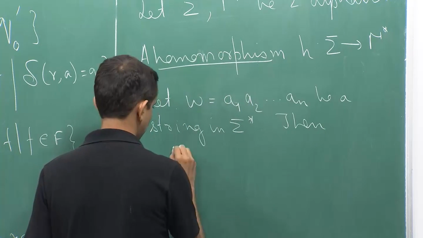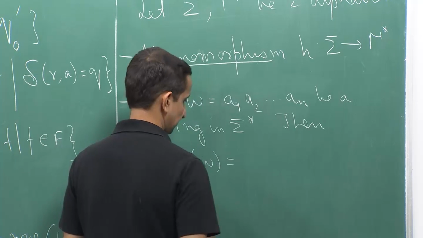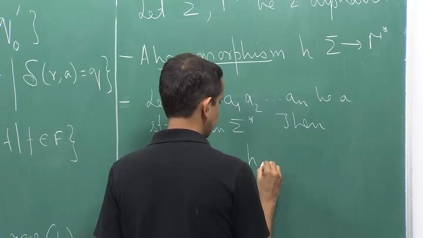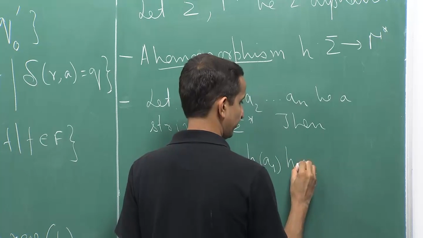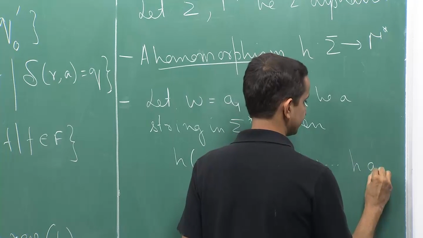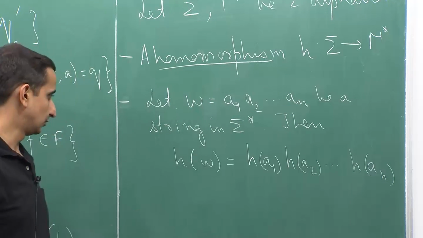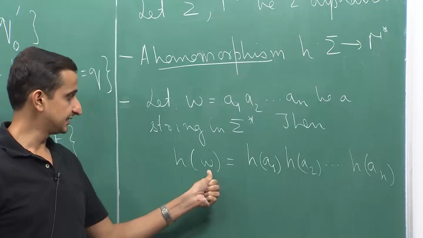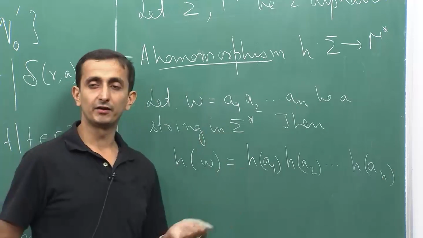Then H of W is basically the string H of A1 concatenated with H of A2 concatenated with H of A3, and so on till H of AN. Okay. So basically every string in sigma star is mapped to some string belonging to gamma star.